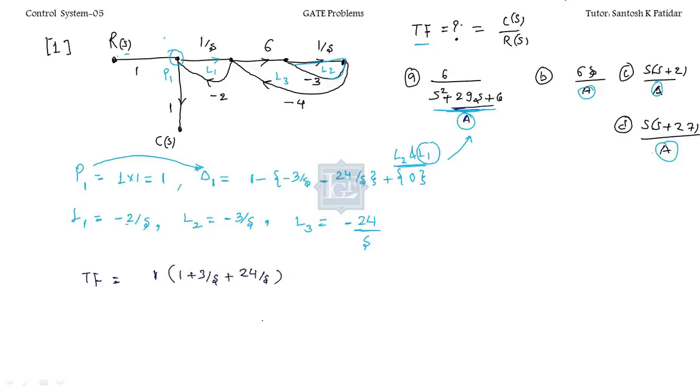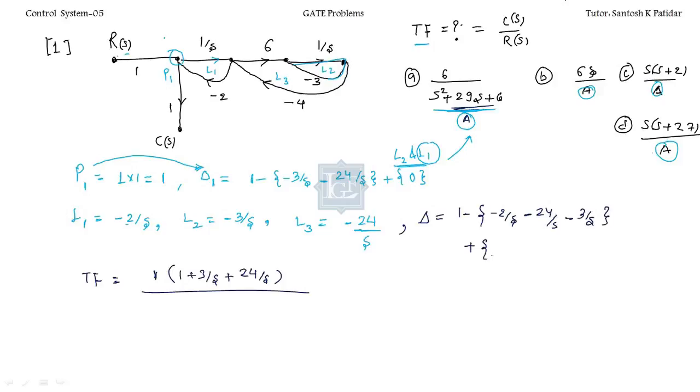Now let's come to the system determinant del. So here I'm going to find this del. So del is 1 minus individual loop gains: minus 2 by S, minus 24 by S, and minus 3 by S. These are the individual loop gains.